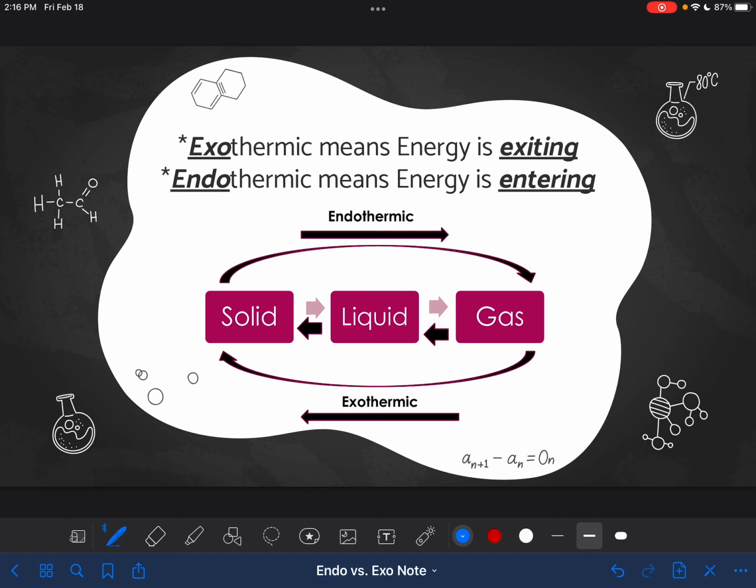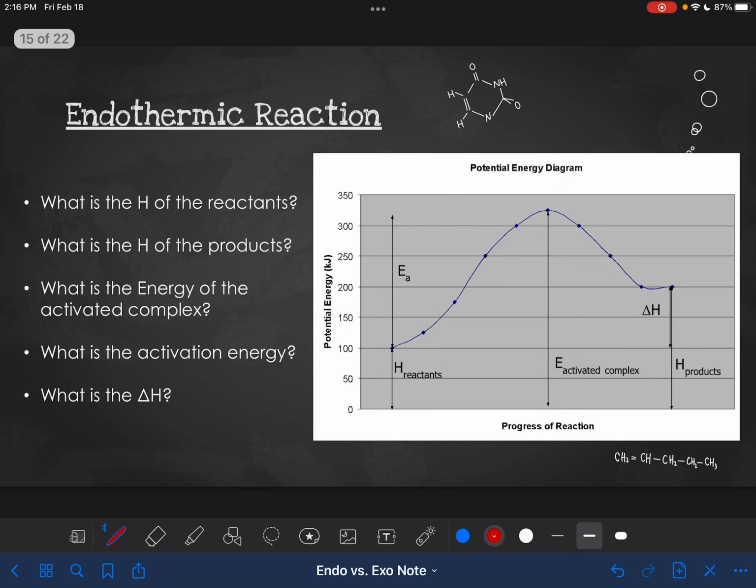But if we're releasing heat, that means it's getting colder. So it will change from gas to liquid and liquid to solid. So I'll say colder here and hotter for endothermic. Okay? So now let's solve some problems and understand how to do it.